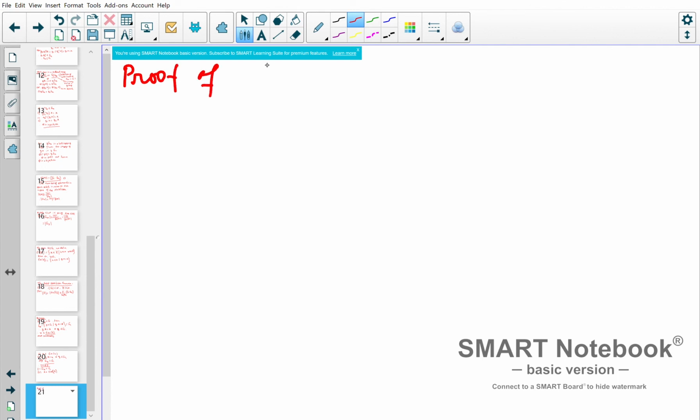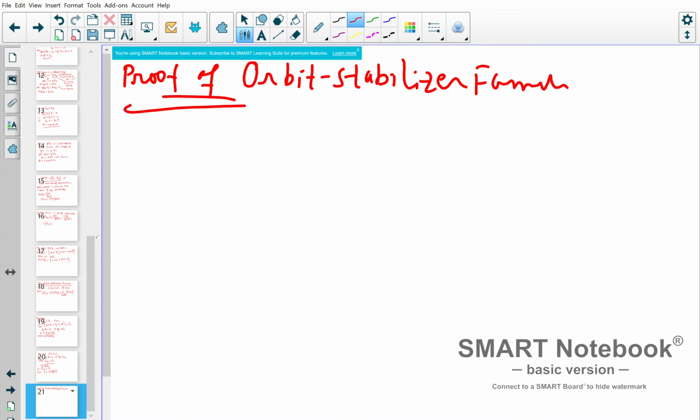So the proof of the orbit stabilizer formula. Remember that G is acting on X, and this action gives you an equivalence relation, and that makes equivalence classes, right?